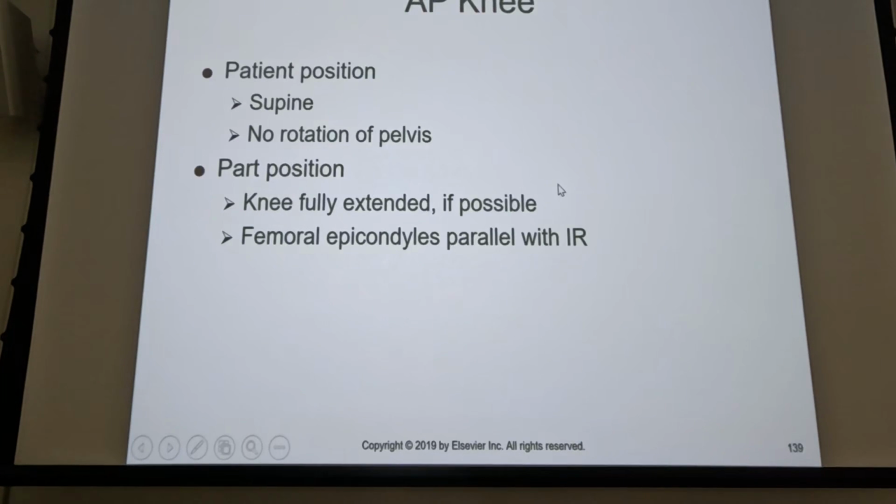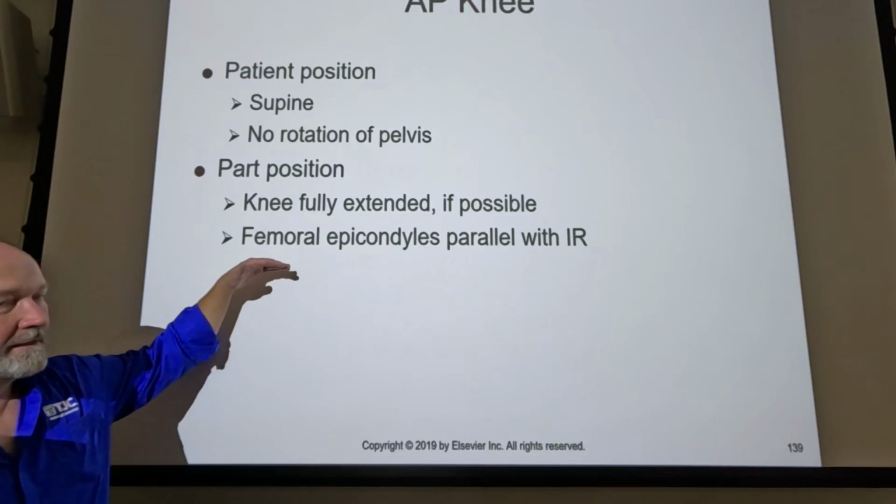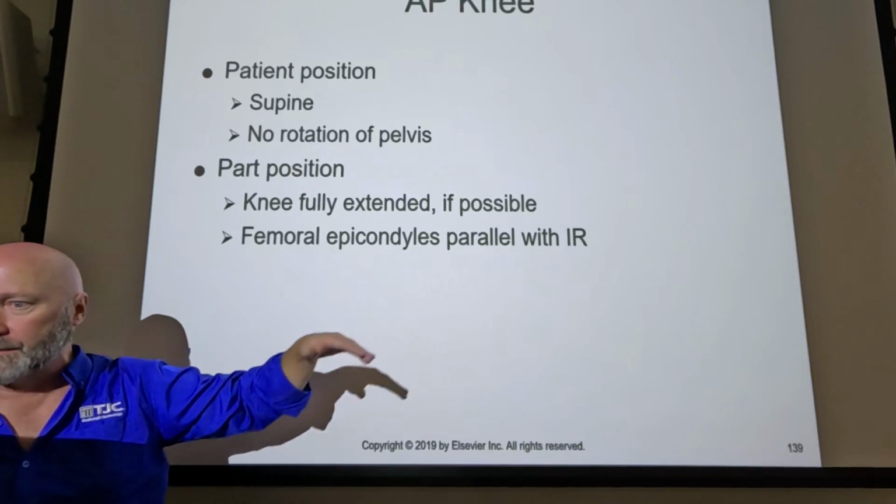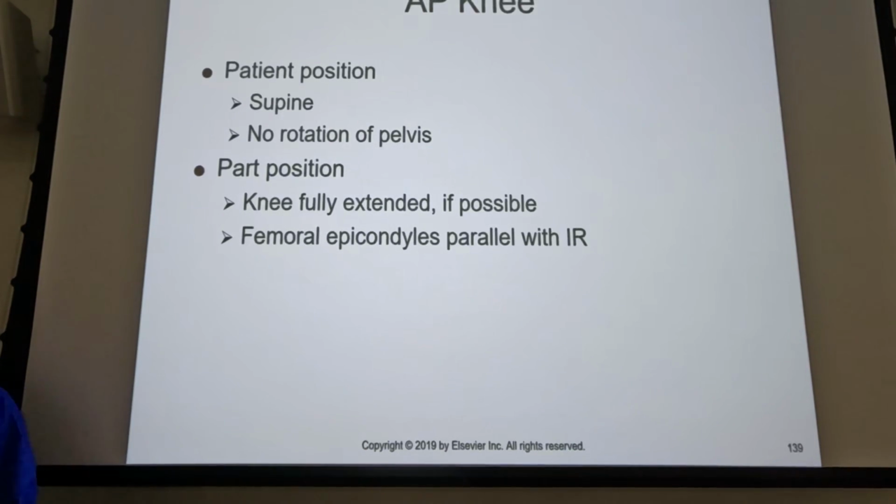So for the AP, have the patient lay down as flat as they can get, fully extend the knee, and just like in the tib-fib, we want the femoral condyles parallel to the image receptor. Now some people will say, look at the kneecap and put the kneecap right in the middle.